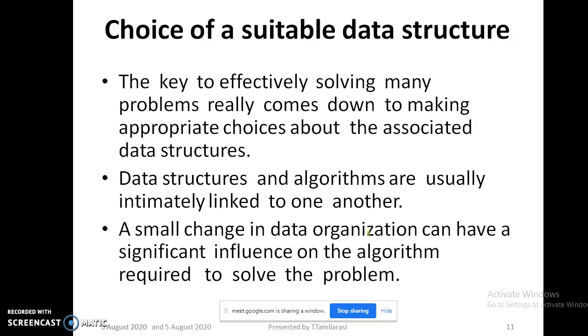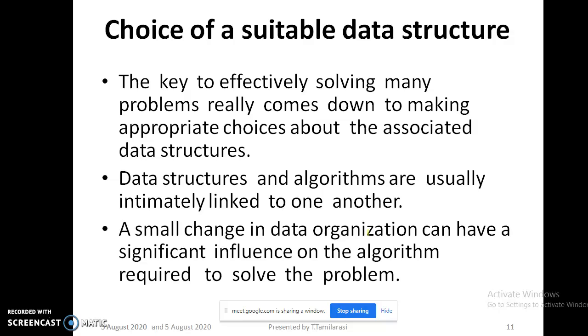Name a few data structures. Anyone, unmute and speak.